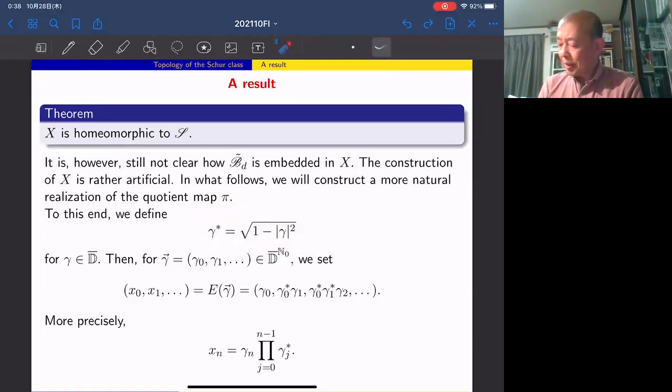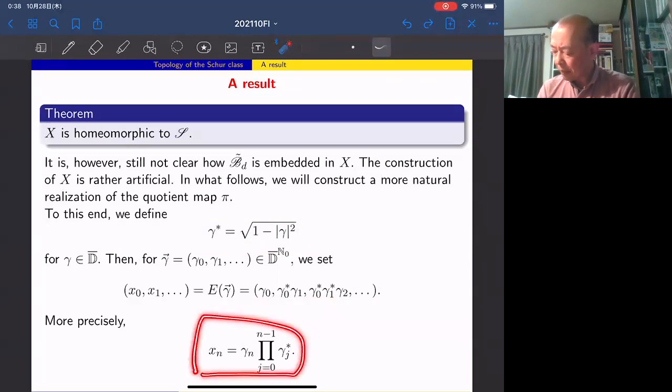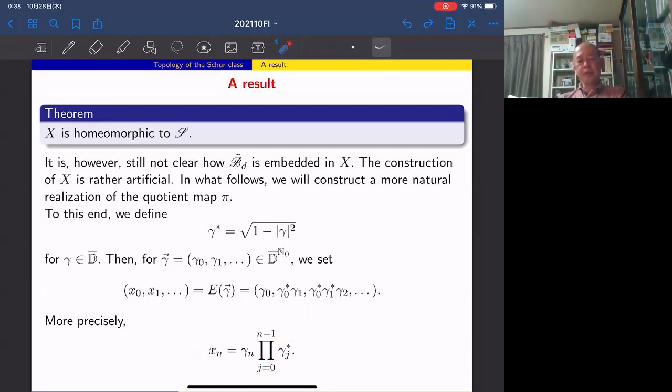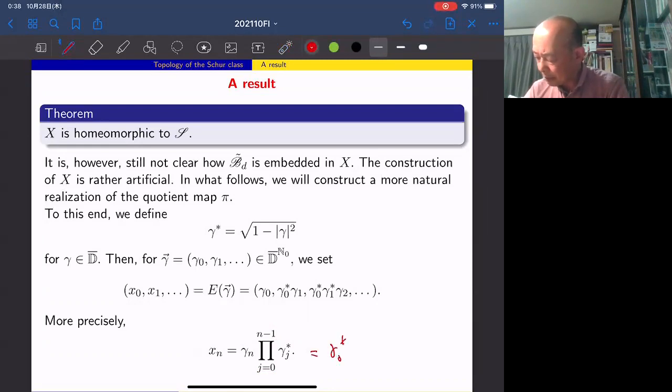And for a given vector in this set, we define a sequence x0, x1, and so on, by letting this one. So more precisely, x_n is defined by this one, just gamma n times this quantity. So this is nothing but gamma one.